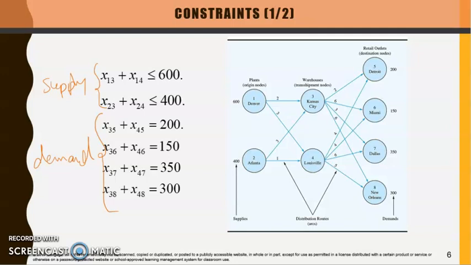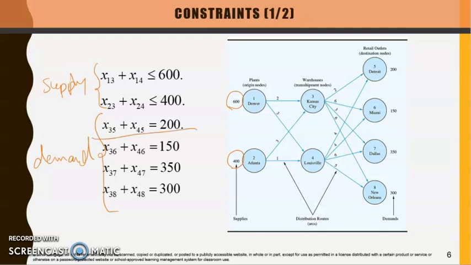So according to the things we discussed before, okay, x13 plus x14 must be smaller than or equal to the capacity of this plant. The same thing for this one. And here, when we get to this part, for example, Miami gets its input from 3 and 4.